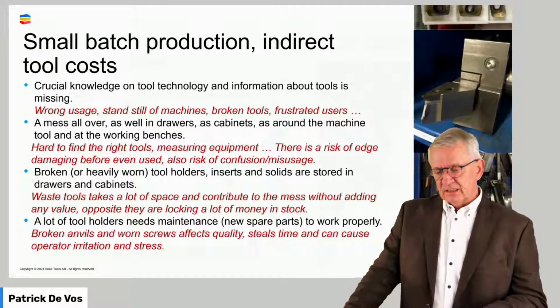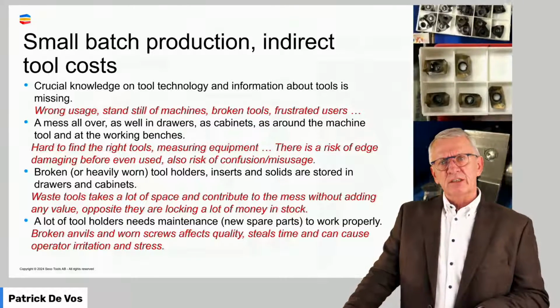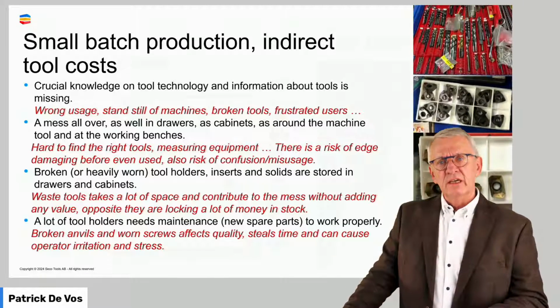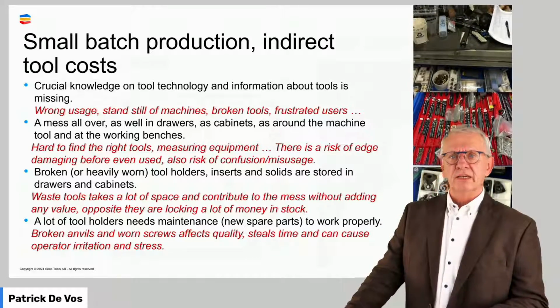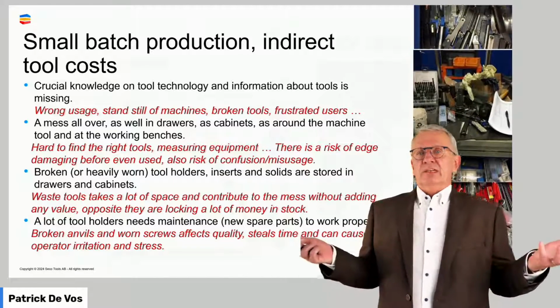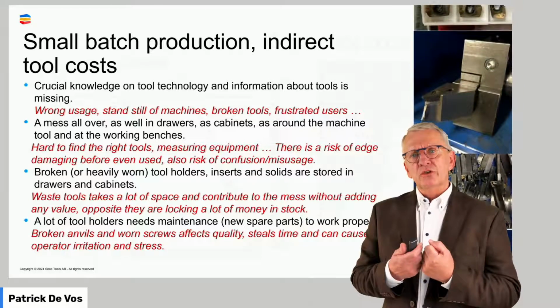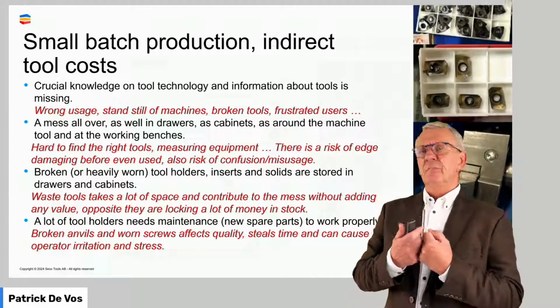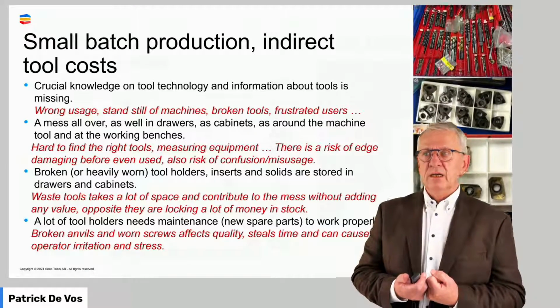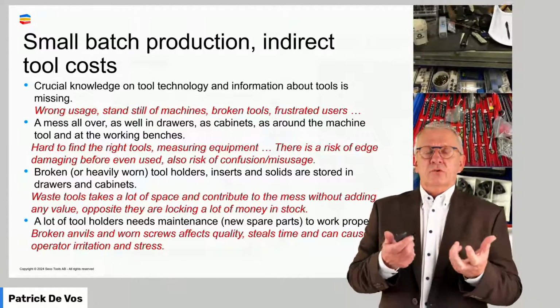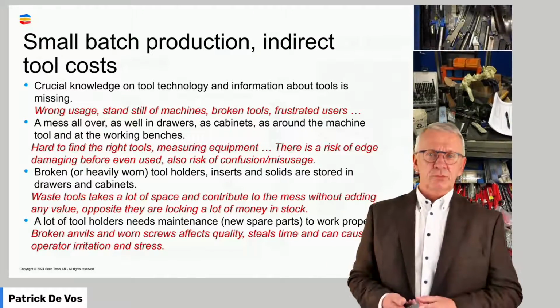If you don't have the necessary knowledge, if you don't have the necessary information about tooling, you are going to misuse the tooling, and that is going to lead to higher costs. If your tools are not in a good condition, if maintenance has not been done well, your tools are going to not deliver what you expected.